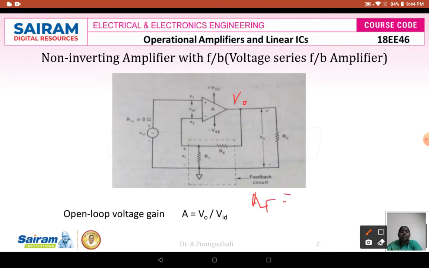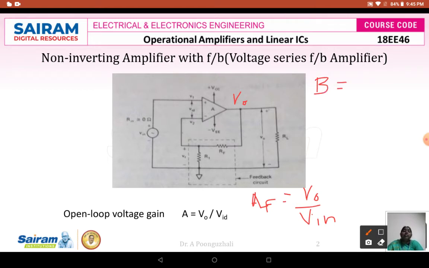AF is equivalent to, in this case, the total output of the circuit V0 divided by the input of the circuit, which is the Vin voltage. Next we are going to see the feedback circuit, that is, the voltage gain of the feedback.